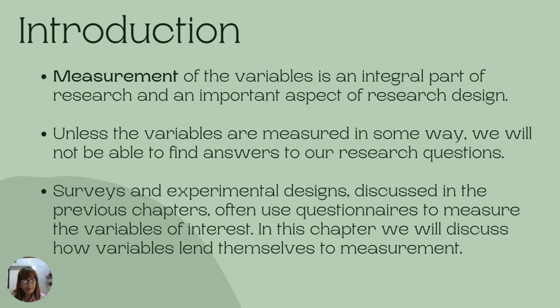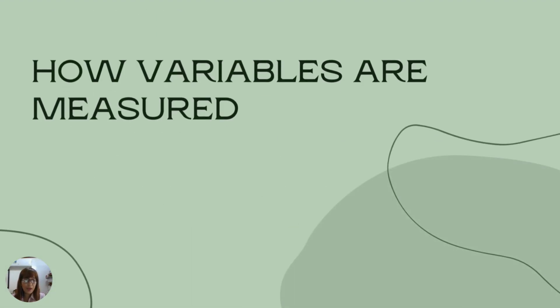Surveys and experimental designs discussed in the previous chapters often use questionnaires to measure the variable of interest. In this chapter, we will discuss how variables lend themselves to measurement. So, how are variables measured?